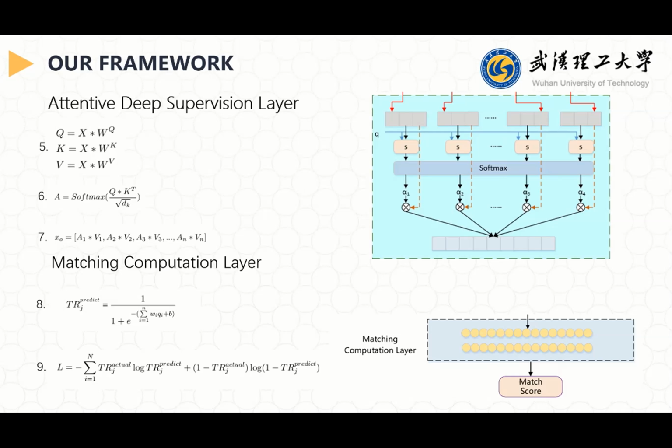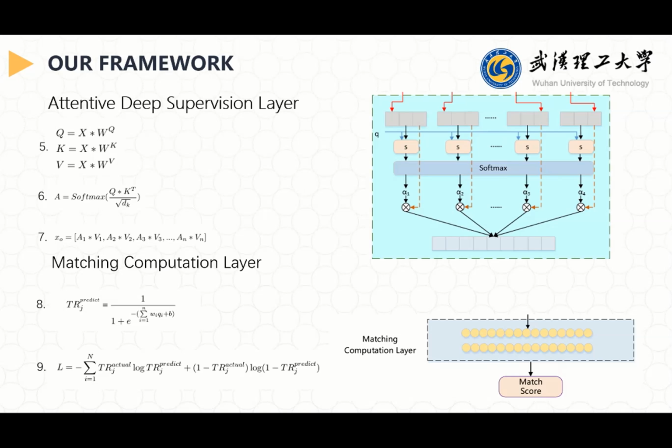In the matching computation layer, XO is fed into a fully connected layer for matching computation. After that, the softmax function is utilized to calculate the confidence probability of each tag, giving an object description.